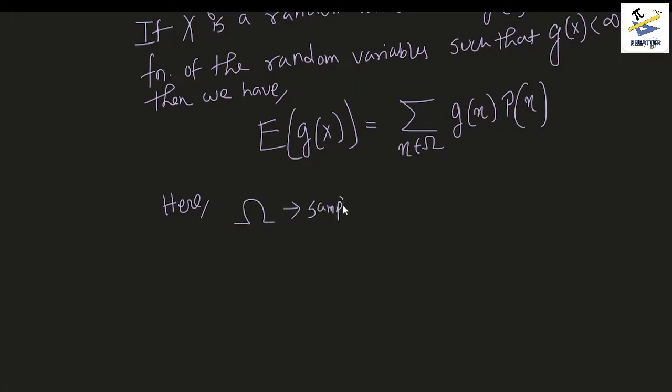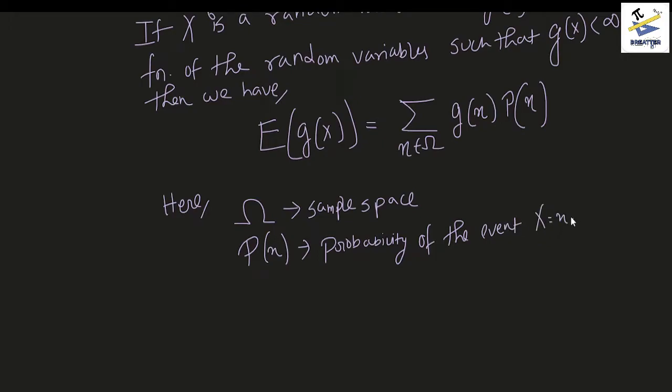P(x) means the probability of the event X equals x, and g(x), you do know what that means because it's just a function. So for any given function g(x), we can always find the expectation of that function. Okay, so this is done.